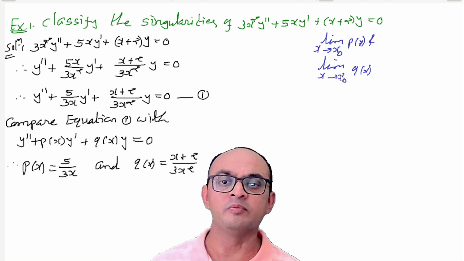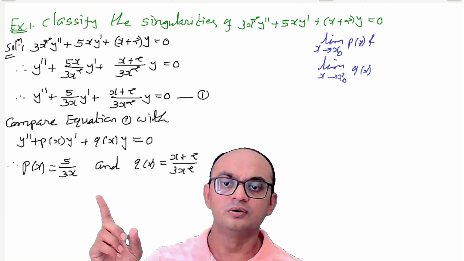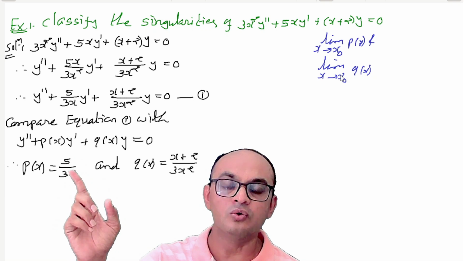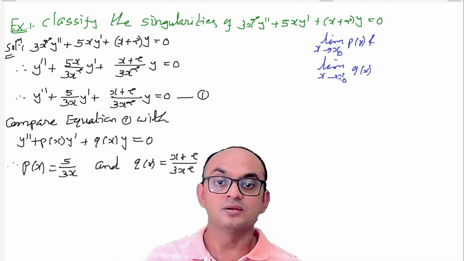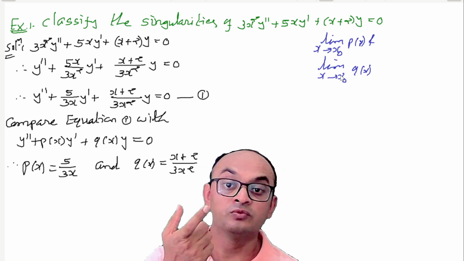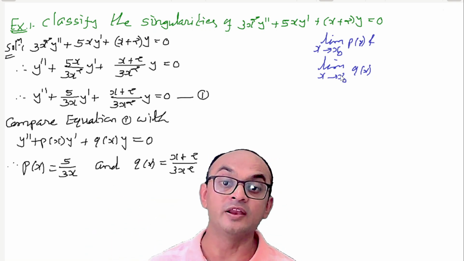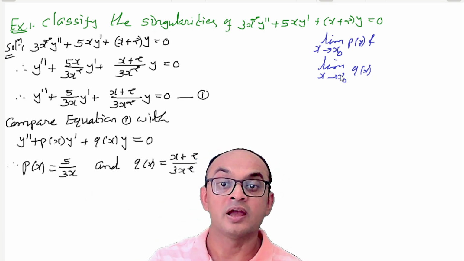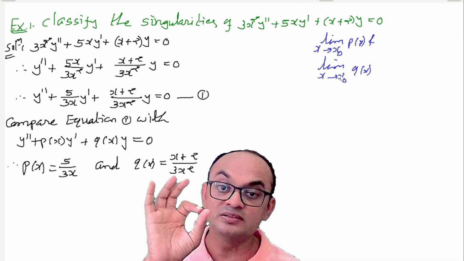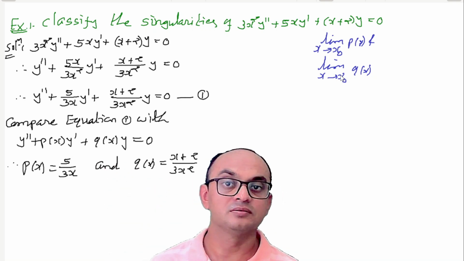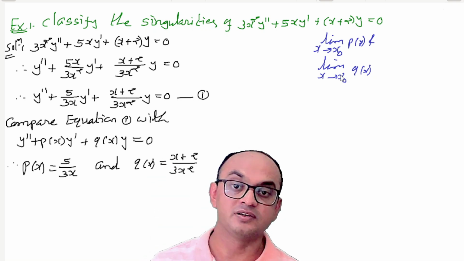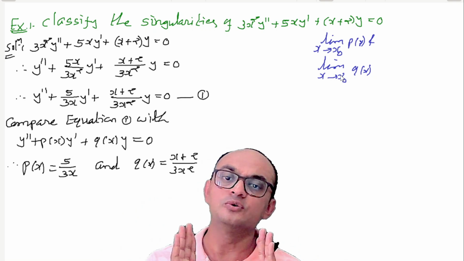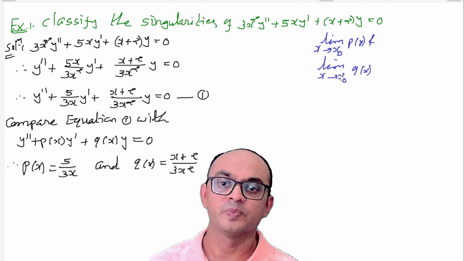Generally we observe what we mean by the limit existing. So suppose x is equal to 0, then 5 upon 3 into 0 goes to infinity, right? So we find all those points where the function has an infinite value. Infinity value means the limit does not exist. And once it has a value, that means it has the limit, right? This is not the exact explanation, but we can use this trick.